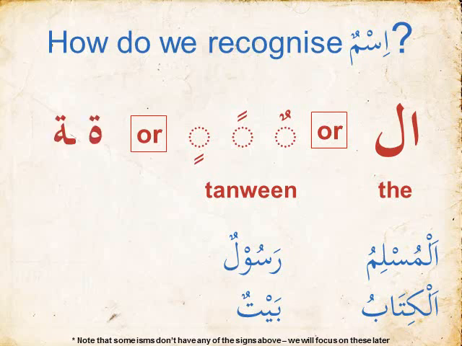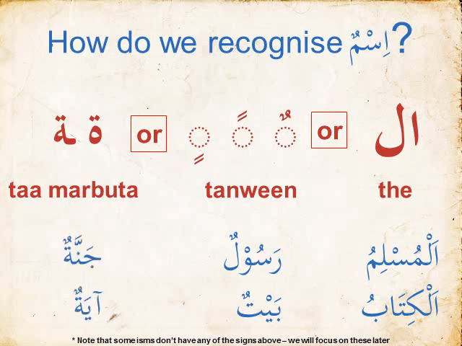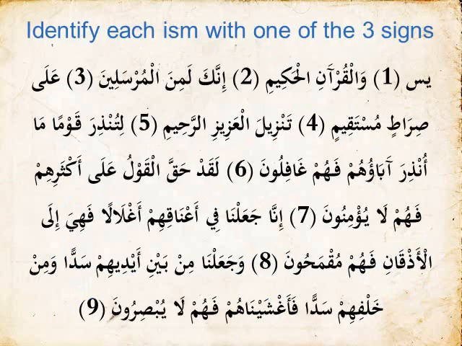Finally, if a word ends with ta marbuta, if it ends with ta marbuta, then the word is also ismun. For example, the word jannatun, ayatun, these are both ismun because they end with ta marbuta. So we have the first nine verses of Surah Yasin.